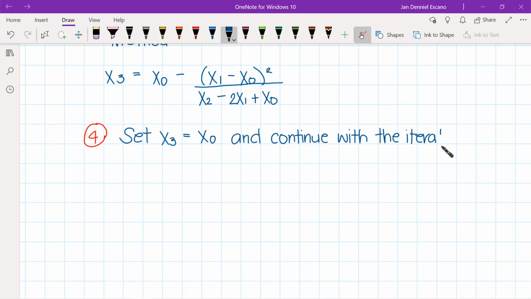So we just repeat the same process, okay? And on step 5, we continue until convergence is obtained.